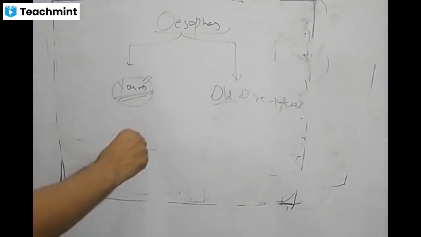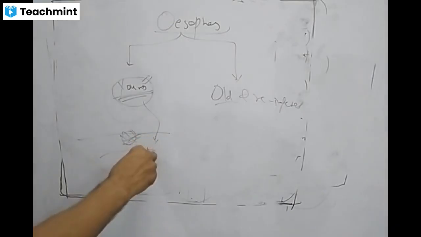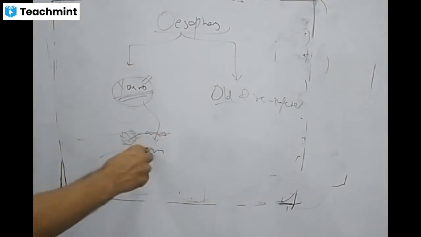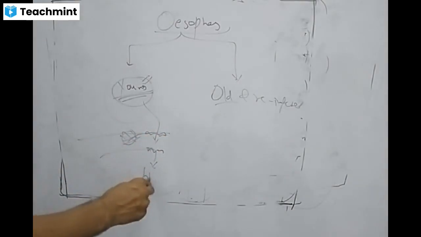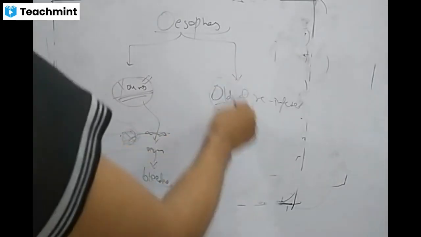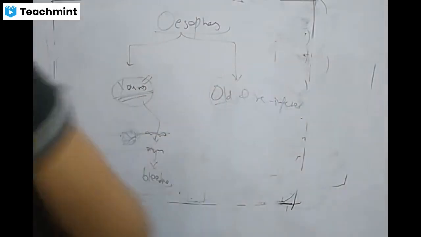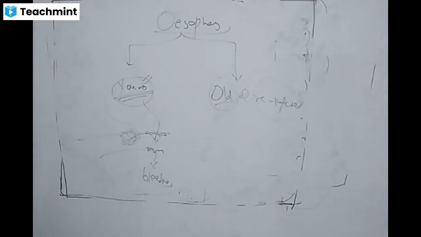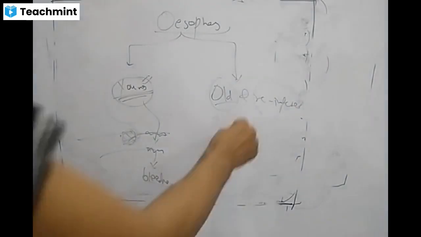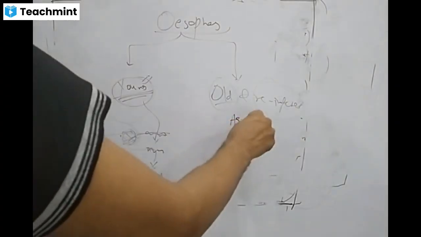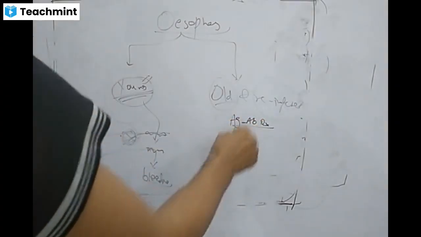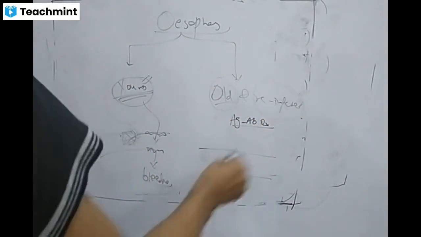So this time, if the larva enters, they may cause small ulcerations or bleeding, but there is no nodule formation. But if the animal is old or infected a second time, that is reinfected, then there will be antigen antibody reaction, immune reaction.